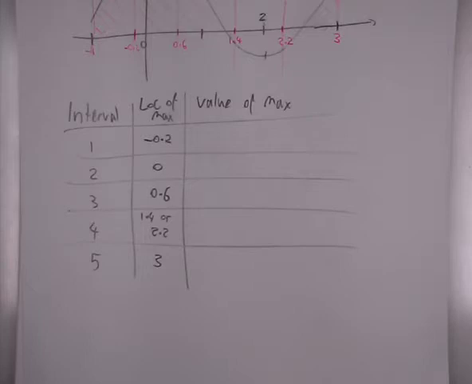So what was my function? Okay. So 2 times x cubed minus 6 times x squared plus 7.